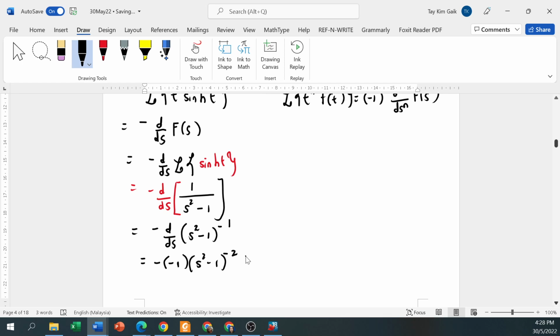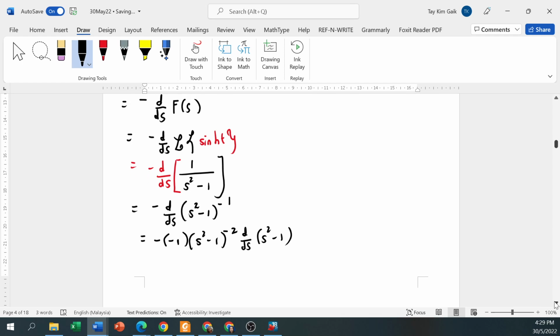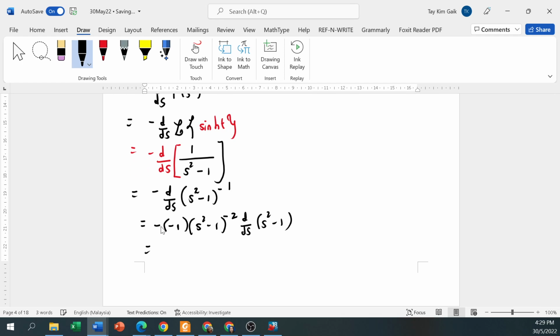Then you need to differentiate the bracket, which is s squared minus 1. So here negative times negative is positive. You have (s squared minus 1) power negative 2, which is 1 over (s squared minus 1) power 2. d/ds of s squared minus 1 gives 2s. So using the multiplying by t^n property, we get the answer.